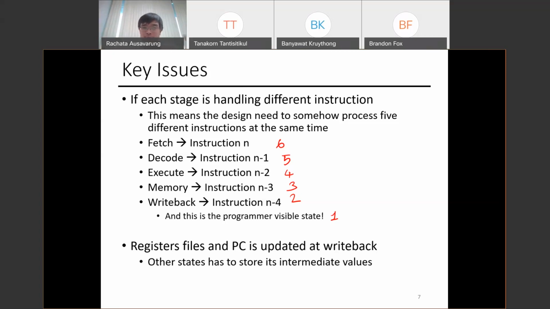For instructions 2, 3, 4, 5, and 6, they are still being processed. You need to wait a little bit more until instruction 2 finishes, a little bit more to finish instruction 3, and way more for instructions 4, 5, and 6. Right? And from the programmer point of view, you want to make sure that you see the fully committed instruction.